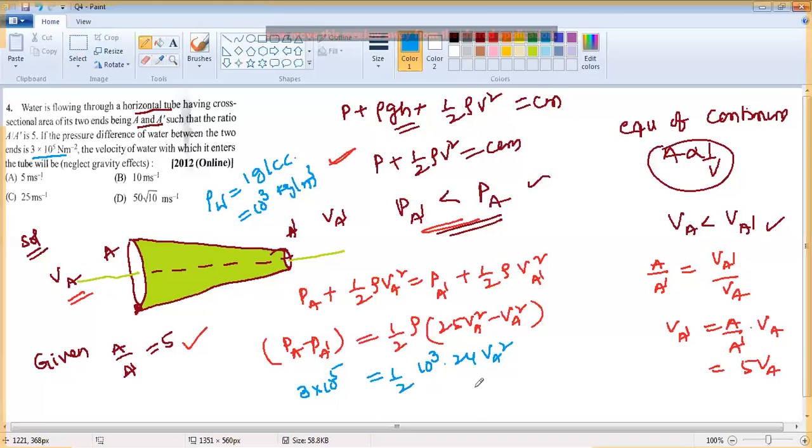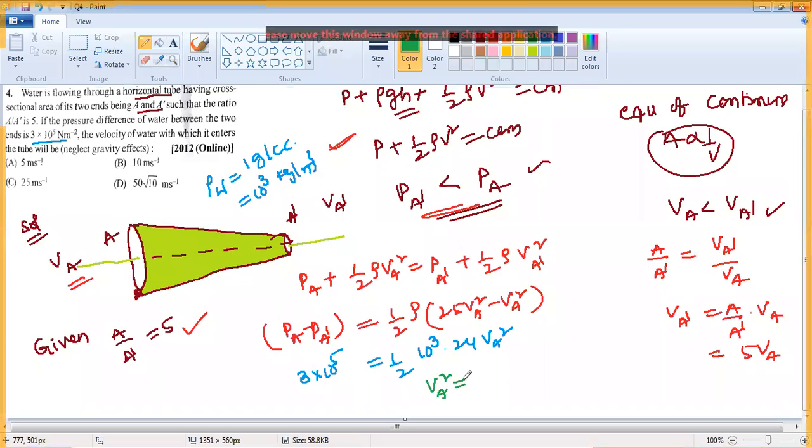Yes, sir. So VA square can be written, just to get that I'm writing directly here, as 10 power 2 square by 4.